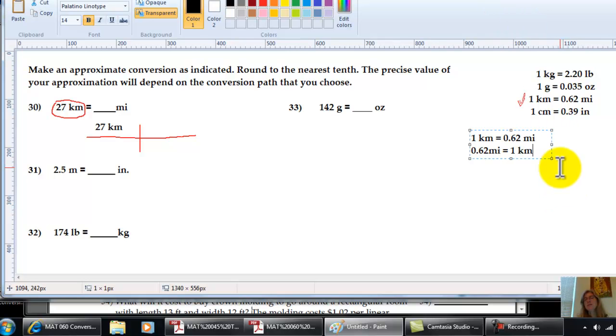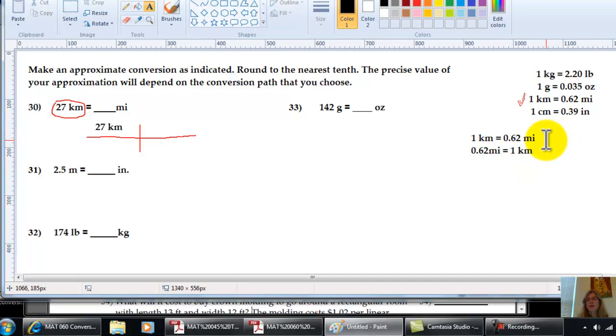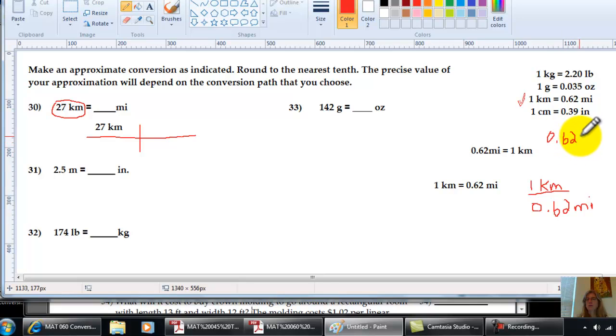And you can make these into fractions as well. 1 kilometer equals 0.62 mile can also be drawn as a fraction of 1 kilometer. And you can also write it the other way, 0.62 mile over 1 kilometer.